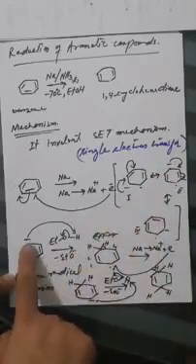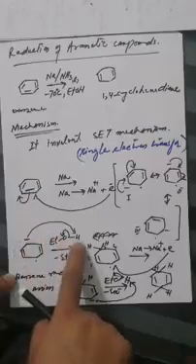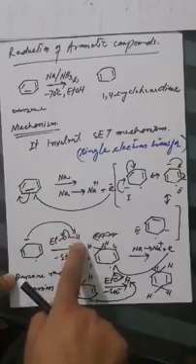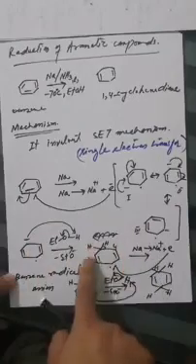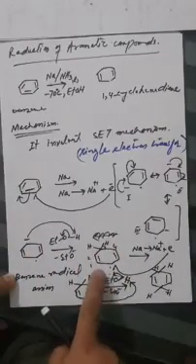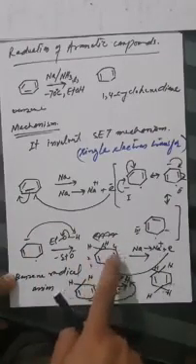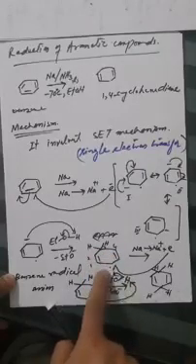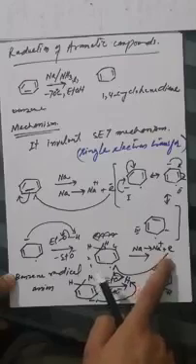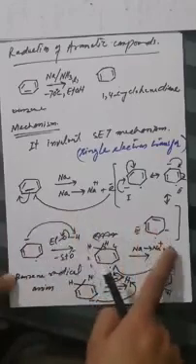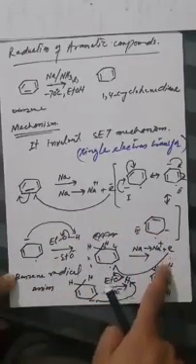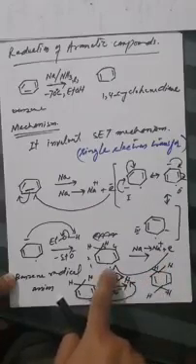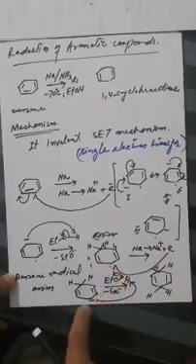So what happens then? This negative charge plucks a hydrogen from a polar protic solvent. Then you get this. What is the name of this? This is 1,4-cyclohexadiene radical. Then again the same step repeats. Single electron transfer occurs. Carbon gets negative charge now.